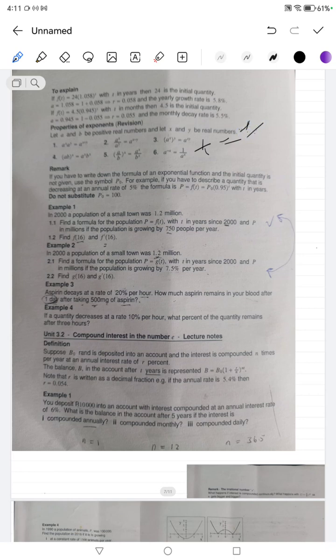your t is equals to, why is it doing this? Let me try writing on this side. No man. It means now your t is equals to 0 because they said your reference was your 2000.